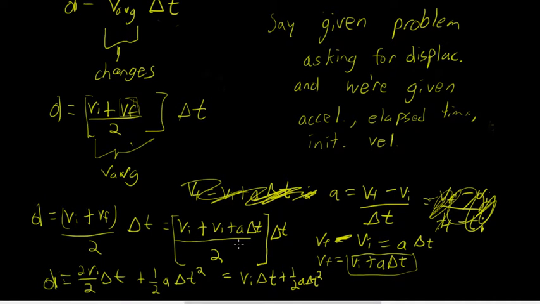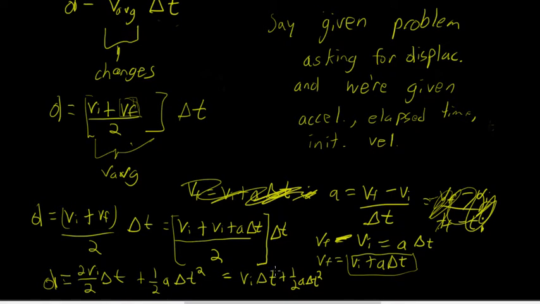So this is one of the formulas for d that'll be really useful for you if you're given a problem asking you to find the displacement and you're only given the initial velocity, the acceleration, and the elapsed time. So they say, for example, a car starts at rest.